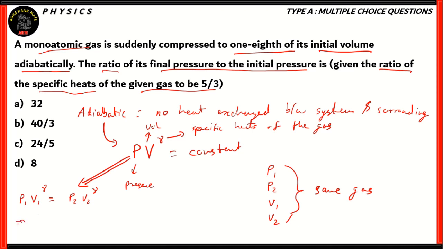Now from here we can get the ratio P2 over P1 as V2 over V1, the whole raised to lambda. Now we know that the final volume is 1/8 of initial volume. So from the question we know that V2 is V1 by 8. And lambda, or specific heat ratio, is 5/3. So we're going to substitute that.